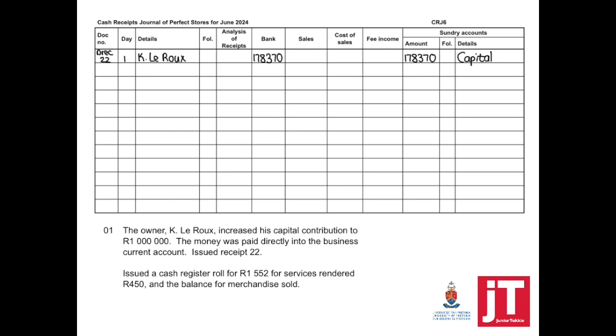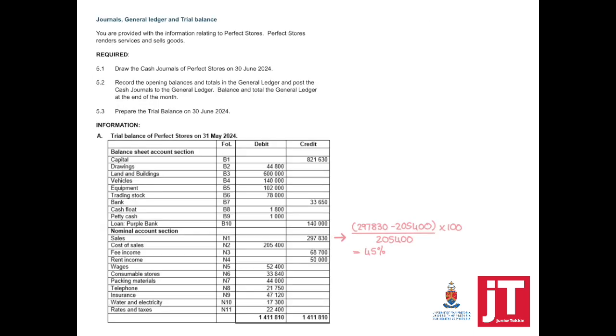And how did we get this amount? They said they increased their capital contribution to 1 million. So you need to look at the trial balance that was given to you on 31 May 2024. This is the capital balance at the moment. So 1 million minus the capital balance at the moment equals the amount which was contributed by the owner.